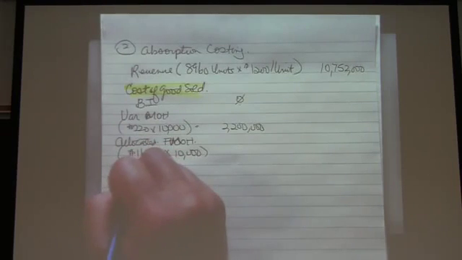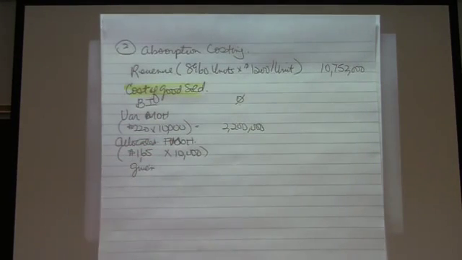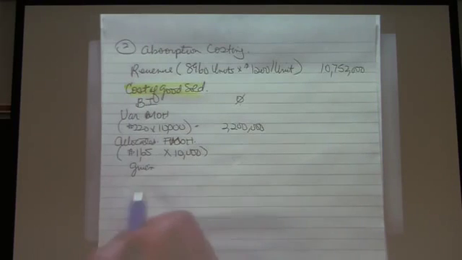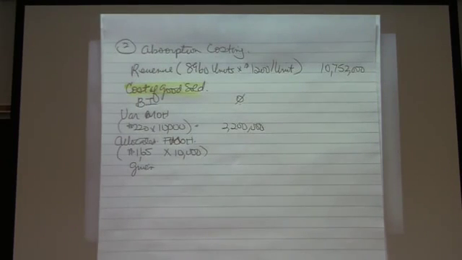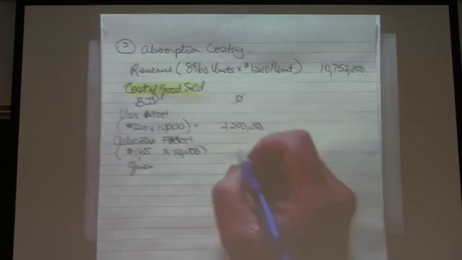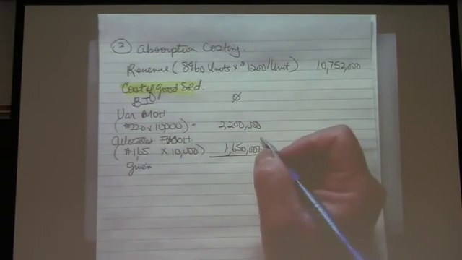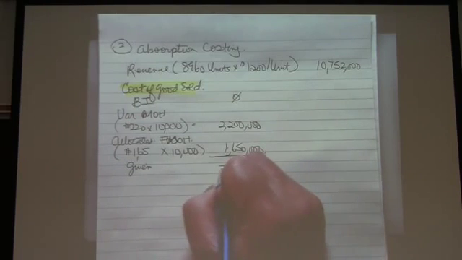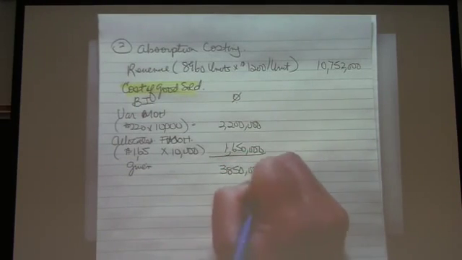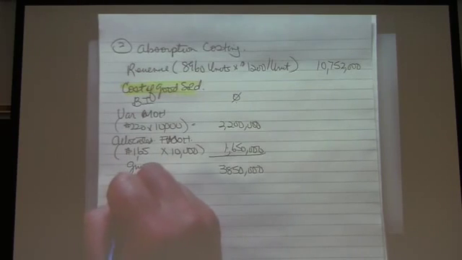This is given. And this is based on budgets. It's based on what we think we're going to produce and what we think our manufacturing overhead will be at the end of the year. We calculate a per unit fixed manufacturing overhead and allocate it to the individual products, and that number comes to 165. So that's 1,650,000. The sum of this is 3,850,000, and that would be my goods available for sale.